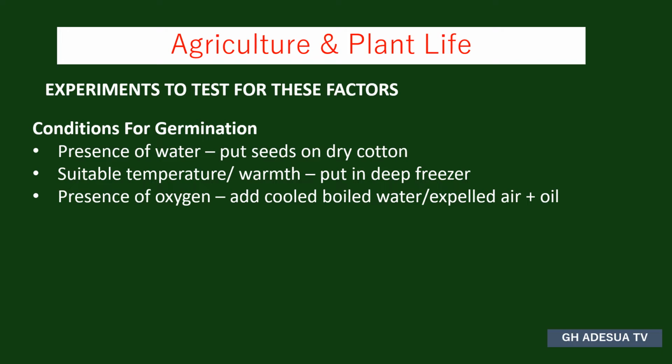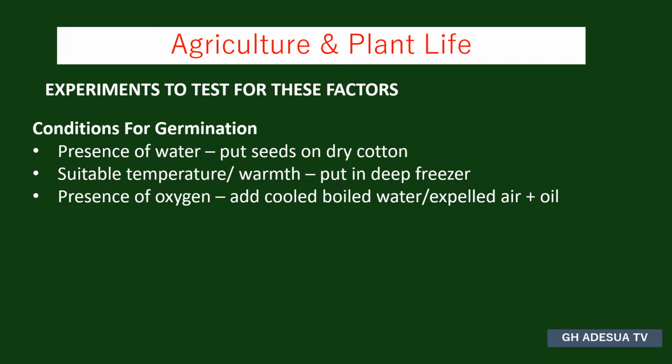Now in another experiment, you want to check whether oxygen is really relevant for germination to take place. Now to check this, you provide all the 4 conditions to a particular seed. Then in the other, you would cause the seed to have no access to oxygen. How do you do this? You first boil water. Now when you boil water, all the oxygen is removed. The dissolved oxygen in the water is removed. You boil water and cool it.